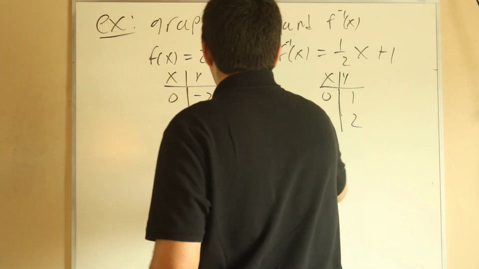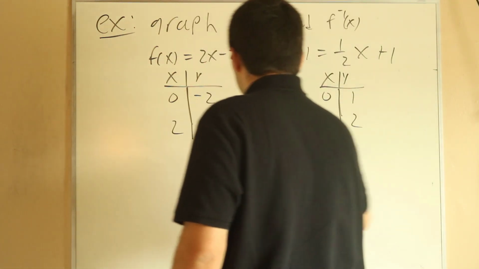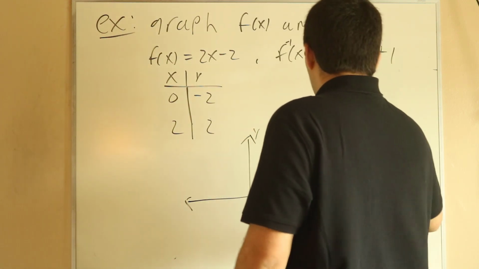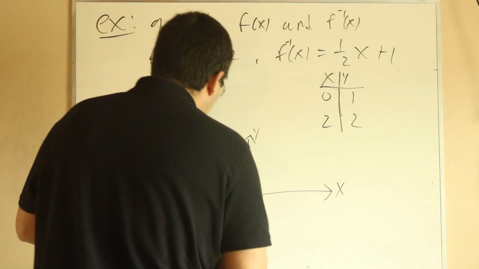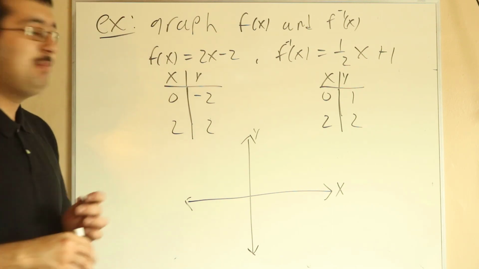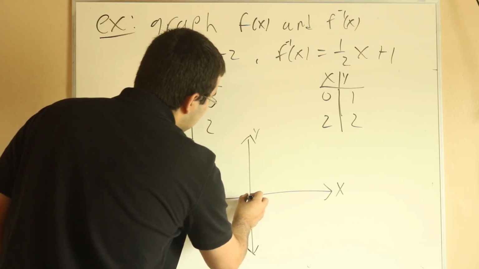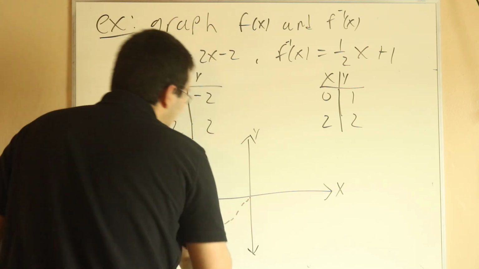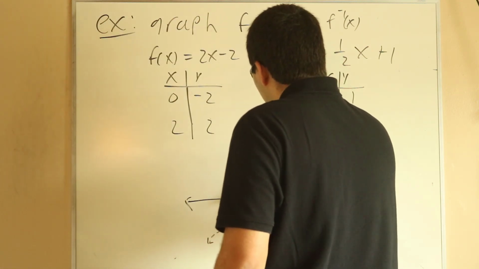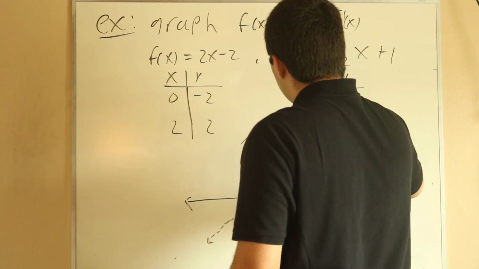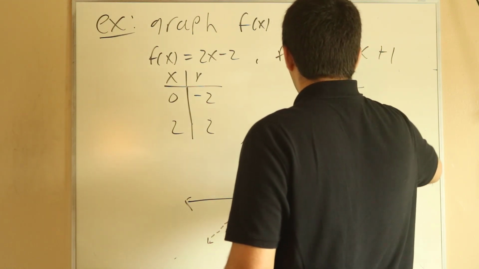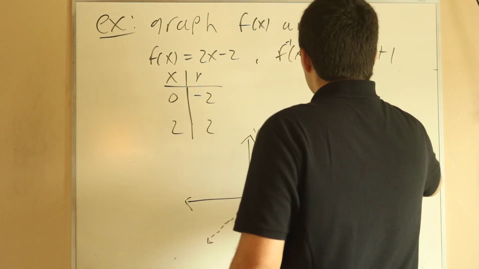So then, creating our sketches, again, since we are graphing both the function and its inverse, we are expecting to see that reflection across the line y equals x. So let's make sure we add that in to help us visualize that. Here's the line y equals x.